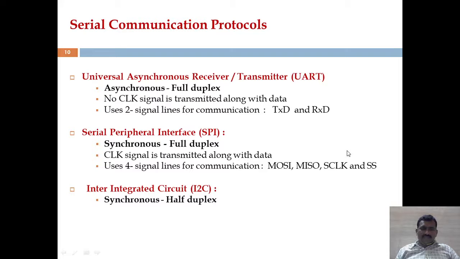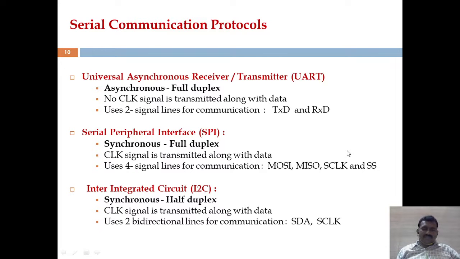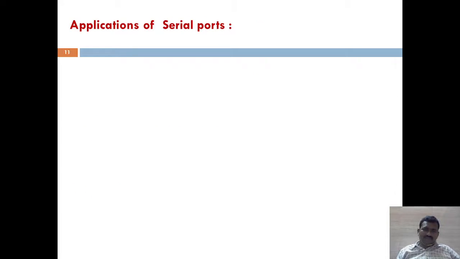And I2C, the inter-integrated circuit, is synchronous half duplex. The clock is transmitted along with the data, and it uses 2 bidirectional lines for communication, serial data and serial clock.